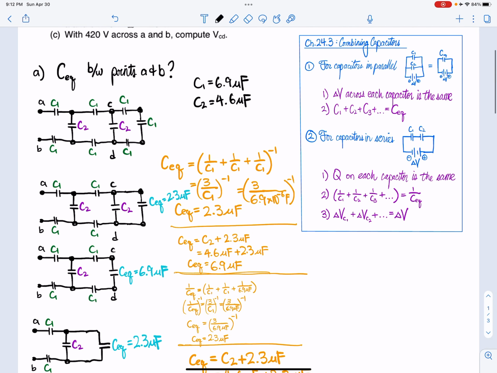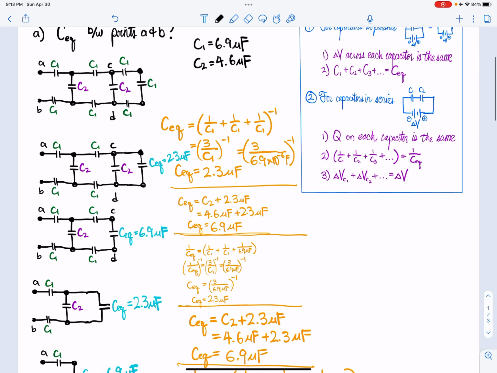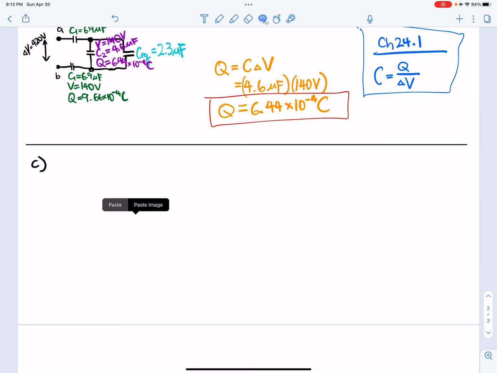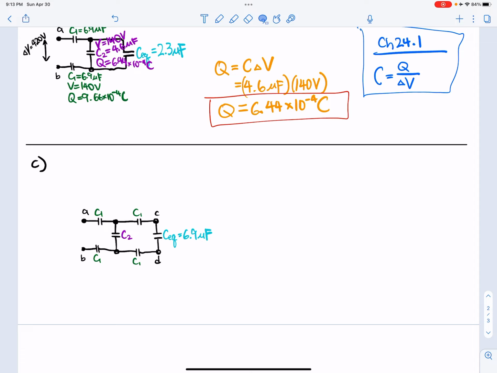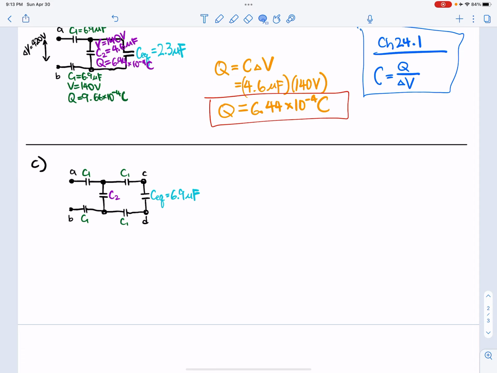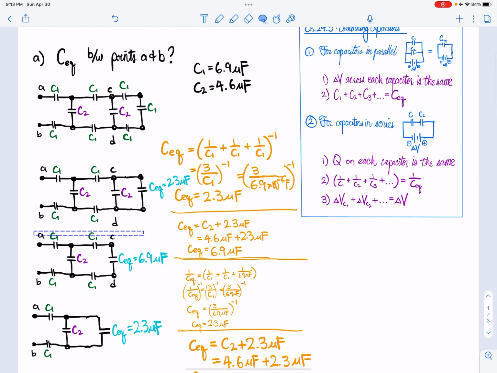So with 420 volts across point A and point B, compute the voltage between point C and point D. In order to do that, I'll just copy paste this process we did in part A. I basically went from our original circuit and combined capacitors until I got to this part.